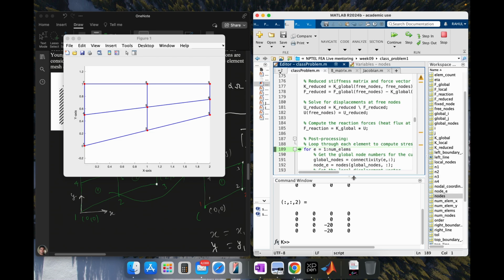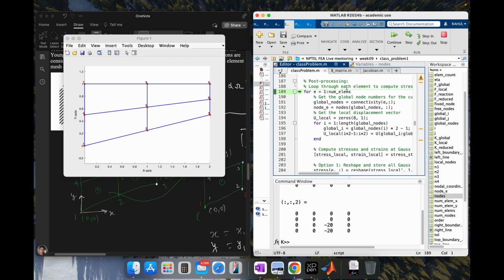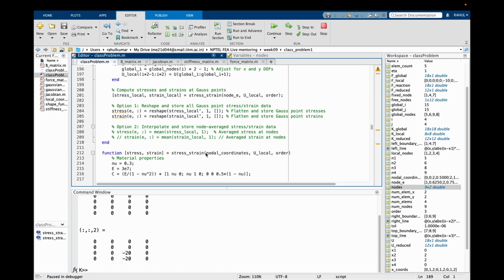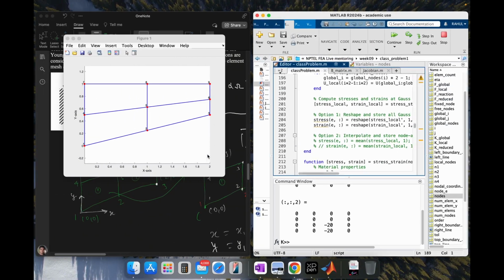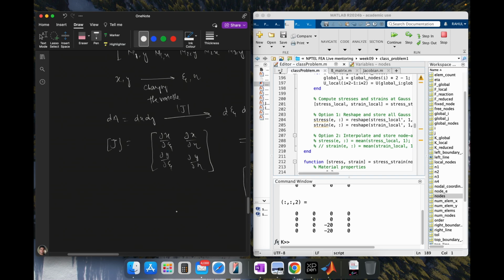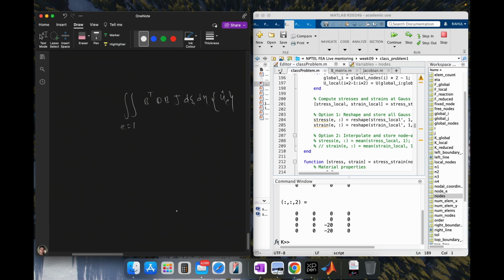So we have found that. Now it is time for post processing. For post processing, we already got u.